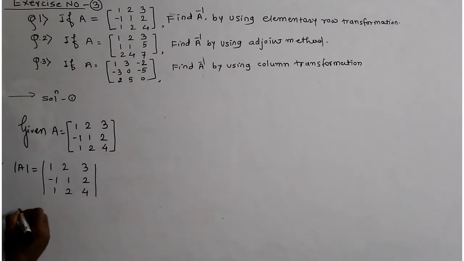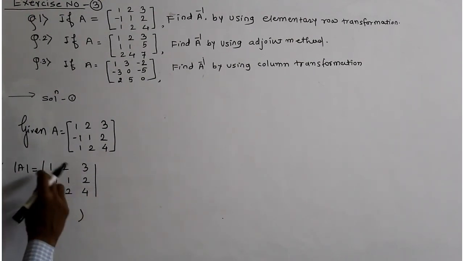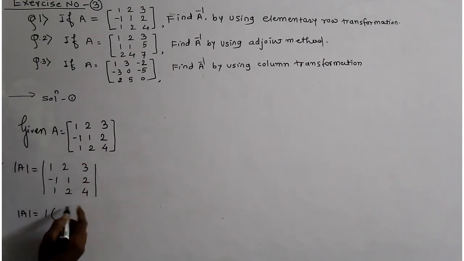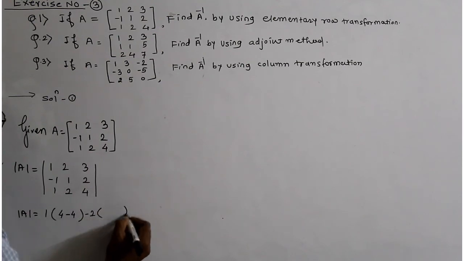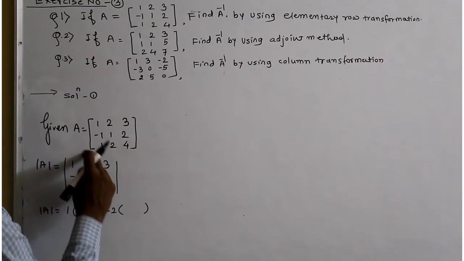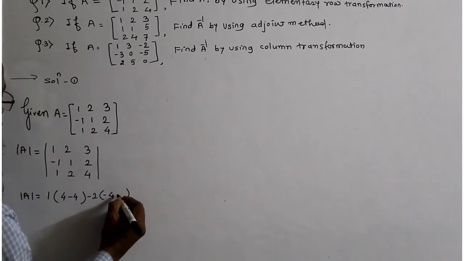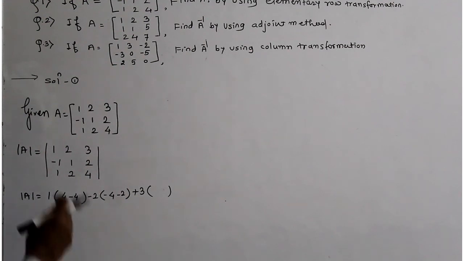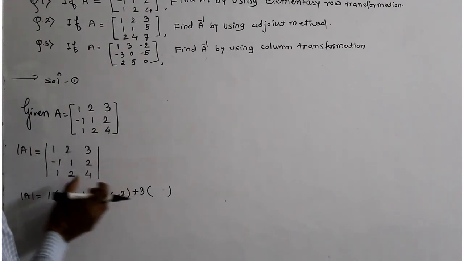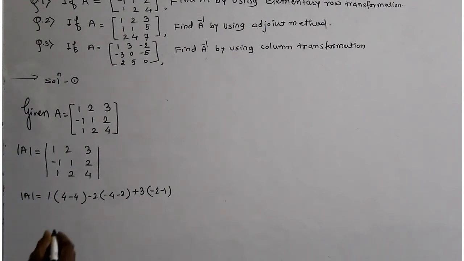Now expand this determinant. 1 into bracket: delete first row, first column, the product of this is 4 minus 4 minus 2. Delete first row, second column, the product of this minus 4 minus 2, plus 3 into bracket: delete first row, third column, the product of this is minus 2 minus 1.